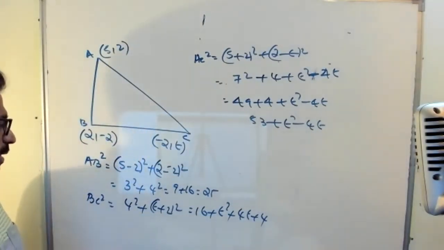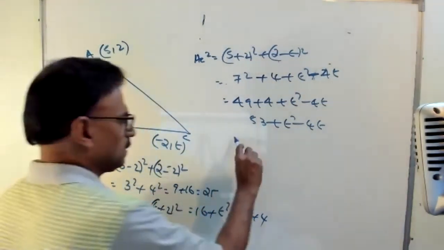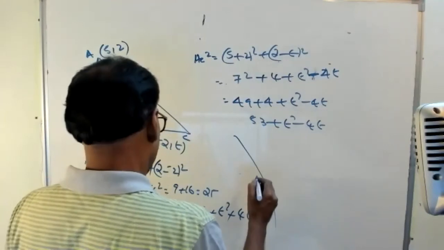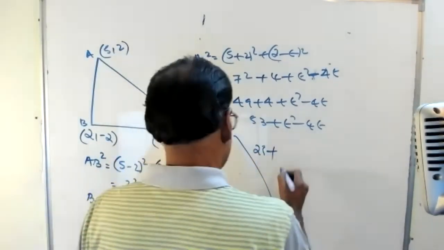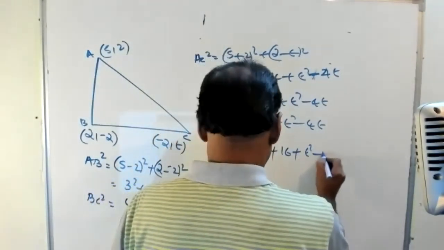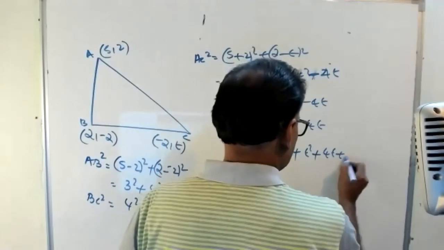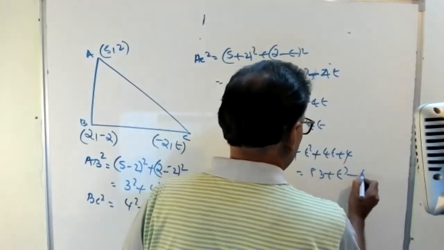Then after that, AB square plus BC square: 25 plus 16 plus t square plus 4t plus 4 equals 53 plus t square minus 4t.